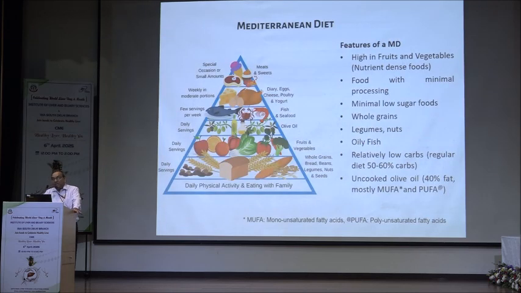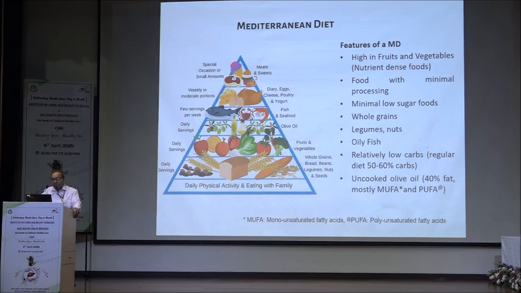Now coming to the Mediterranean diet. In 7 countries along the Mediterranean Sea, it has been observed in an epidemiological study that in those who were consuming this type of diet, the incidence of cardiac events was much less. So what are the ingredients of this diet?